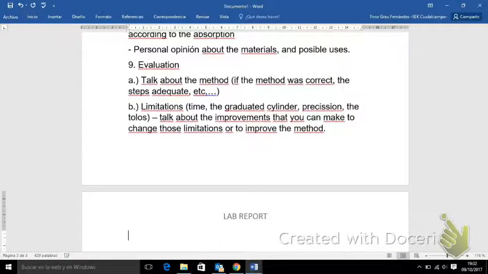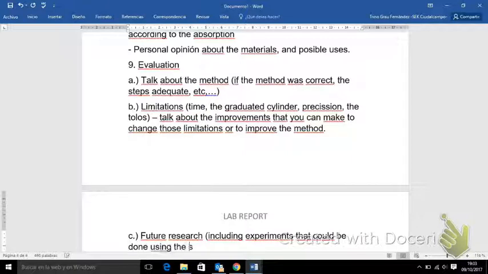And finally, you need to talk about the future research, including experiments that could be done using the same method.